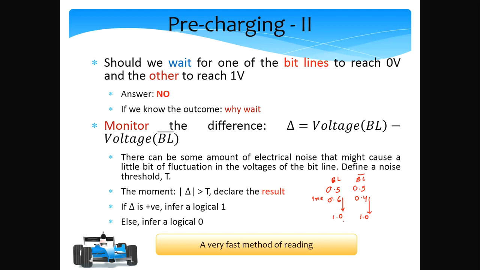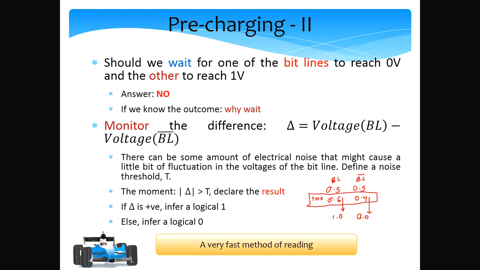We don't have to wait. And BL bar will reach, oh, I'm sorry, this should be logical 0. It'll reach 0 volts ultimately. We don't have to wait. So what we can do is that at this very point, at 1 nanosecond, we can declare the result.